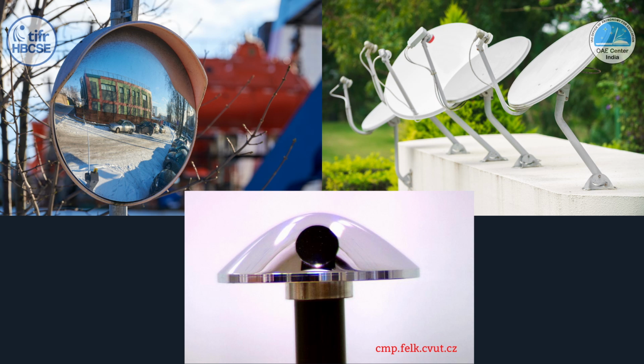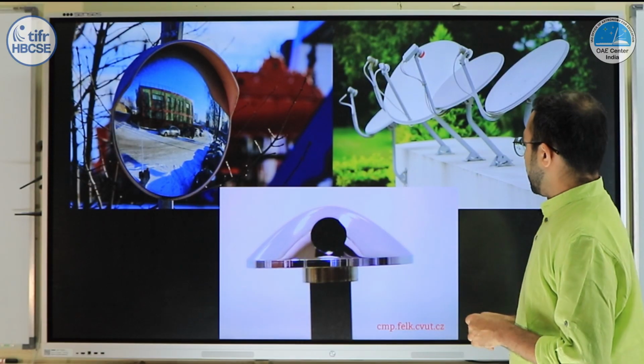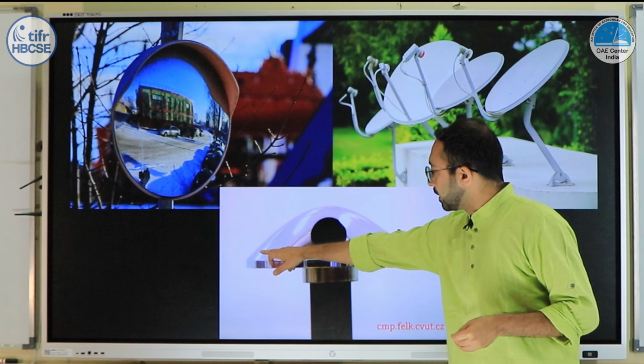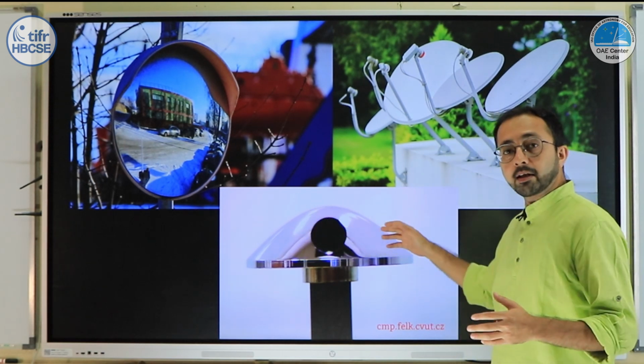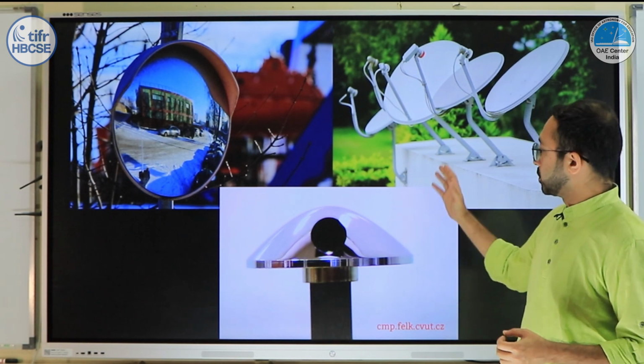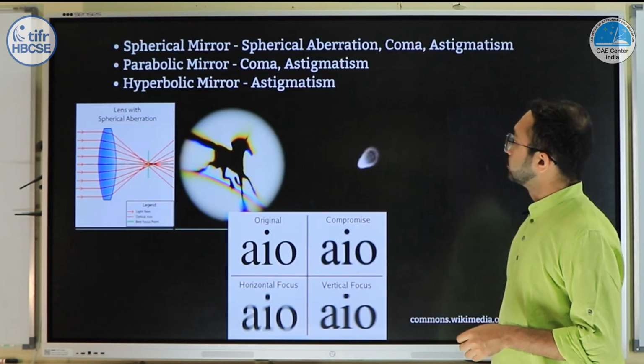On the other hand, dish antennas or the satellite dishes that you have for various TV shows which you watch on these direct to home channels use a parabolic dish or a parabolic reflector. Then there are some hyperbolic mirrors. You can see the structure of this mirror is more or less like a hyperbola. Okay. There are advantages of each and we will see them now.